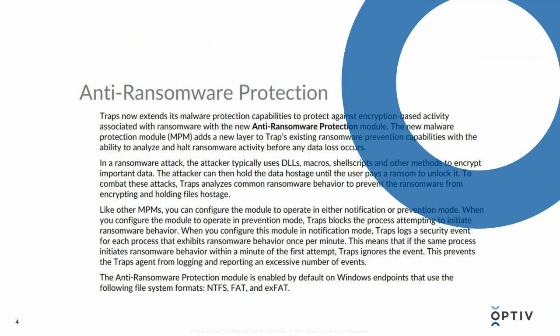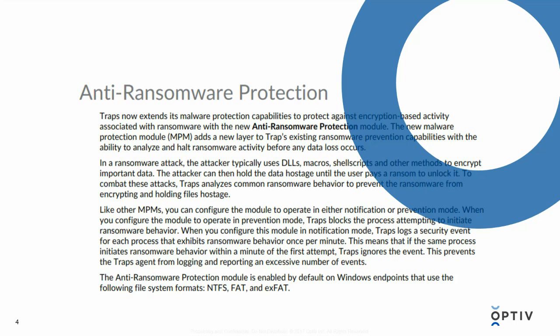With anti-ransomware protection, Traps now has the capability to protect against encryption-based activity associated with ransomware with this new protection module. What typically happens in a ransomware attack is the attacker will use DLLs or macros or shell scripts or other methods to encrypt that important data.